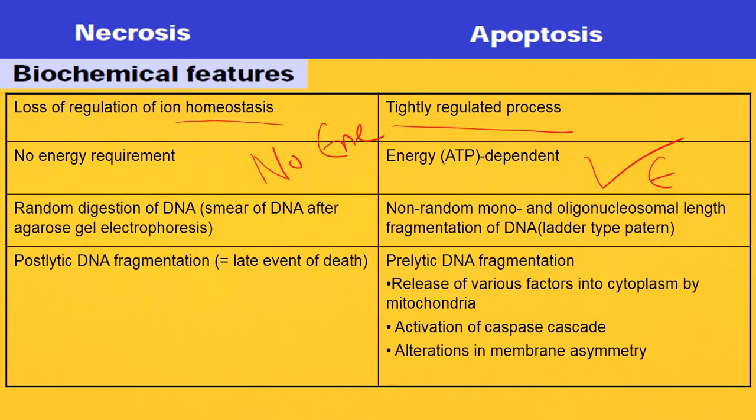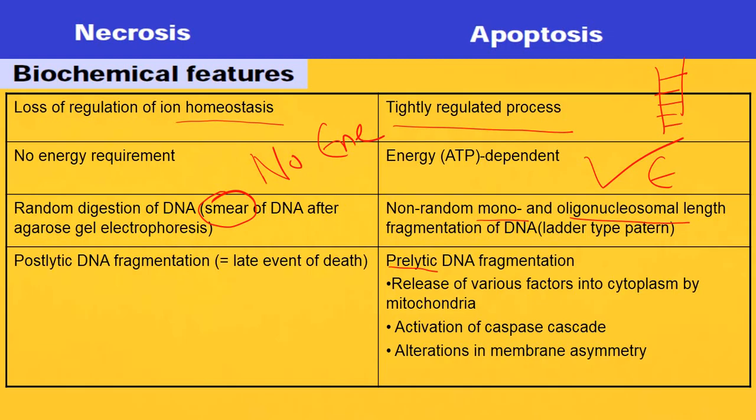Necrosis shows random digestion of DNA, that is, very classical smearing of DNA after agarose gel electrophoresis. Whereas apoptosis shows non-random mono or oligonucleosomal length fragmentation. In other words, you observe DNA ladders in apoptosis. Further, necrosis has post-lytic DNA fragmentation, a late event of death. In apoptosis, it is pre-lytic DNA fragmentation.